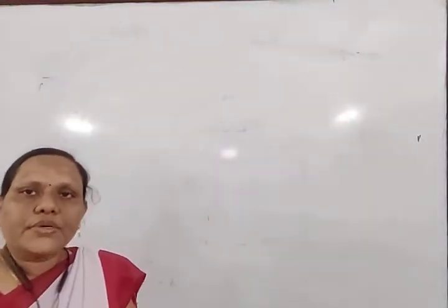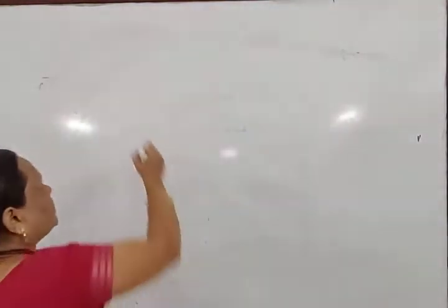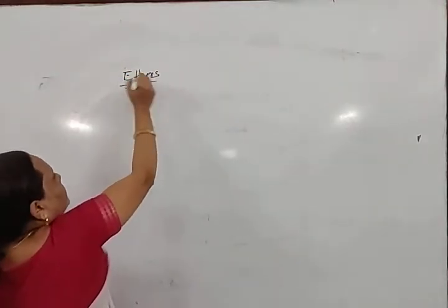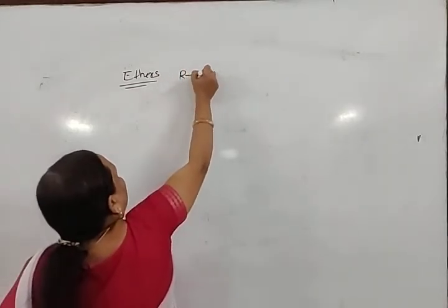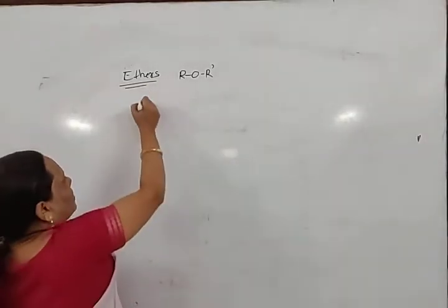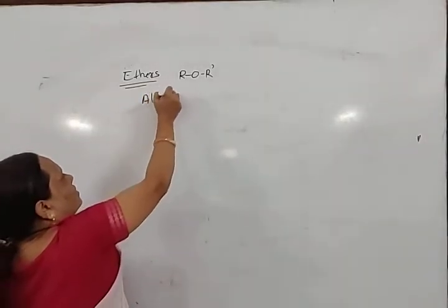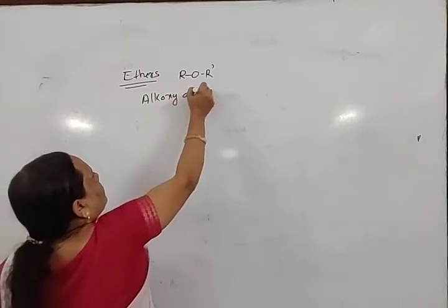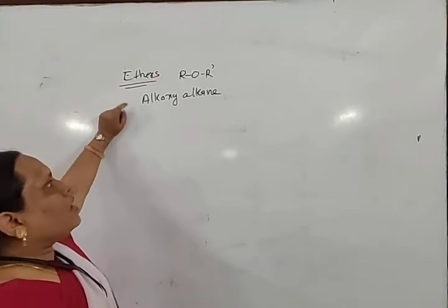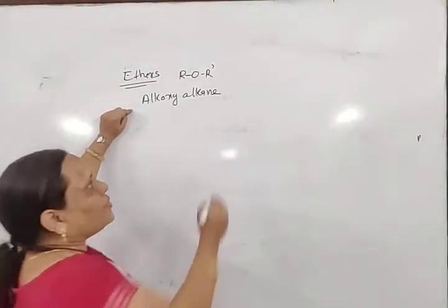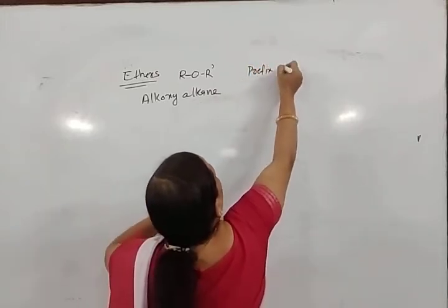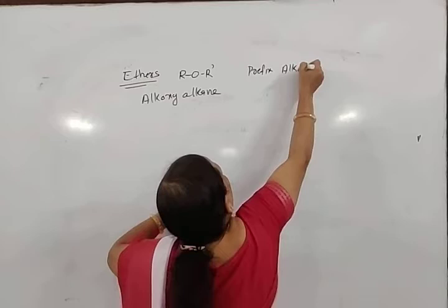Next, how to name the compounds of ethers. Ethers are generally represented as R O R dash. For ethers, generally a prefix is used, no suffix, and the prefix is alkoxy.